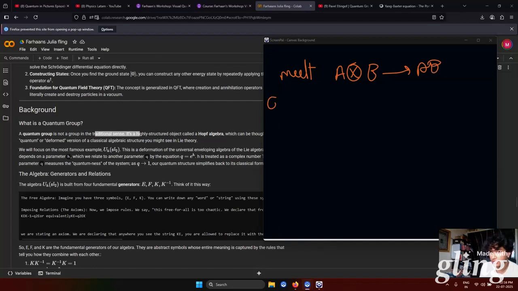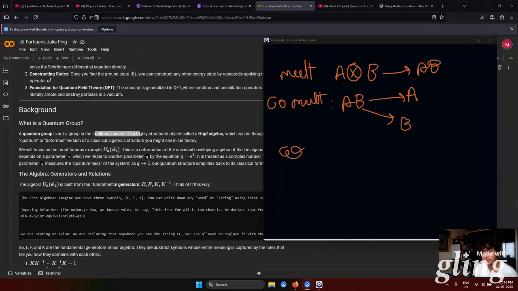Similarly, the opposite of multiplication is called co-multiplication, and this takes your object AB and gives you two separate objects A and B. Anything with the prefix co means it's the opposite of that concept. If you had co-algebra, it's the opposite of a normal algebra.